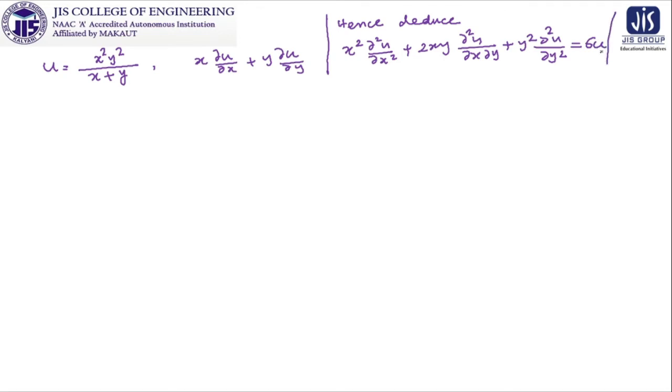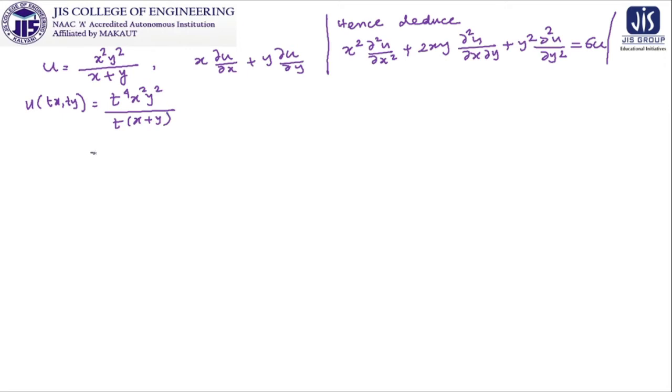Clear? The first part is not at all tough because we have already performed these types of problems in the last class. First of all, we have to check that u of tx, ty will be t square x square, t square y square, that means t to the power 4 x square y square by tx plus ty, so t into x plus y.